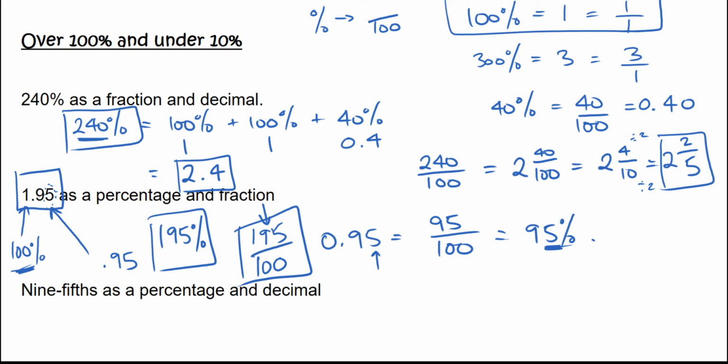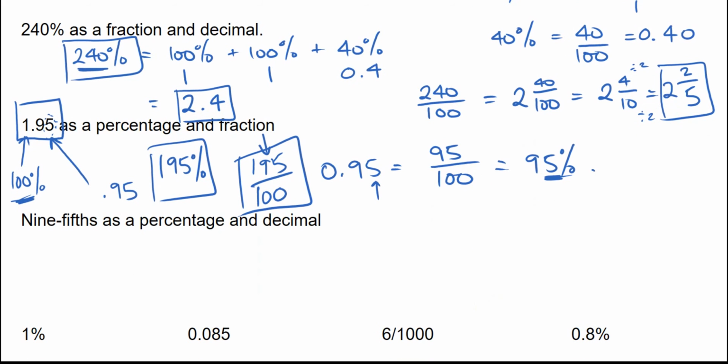Let's look at this last example here. So we've got 9/5. 9/5, if we were to write that as a fraction, would look like this, 9/5, which as an improper fraction we can change into a mixed number. So that would be 1 and 4/5. So we want to change this to a percentage and a decimal. If we're thinking about just the 4/5 part, we could change that into hundredths.